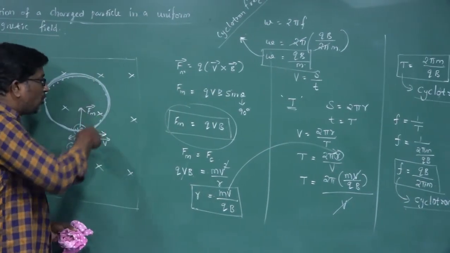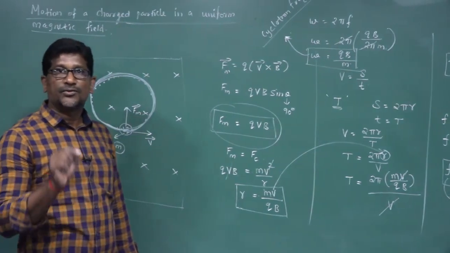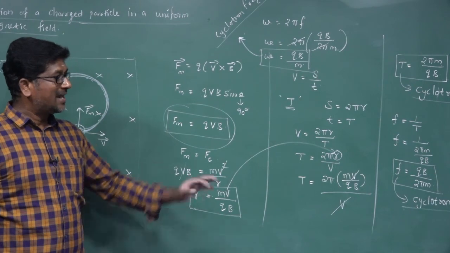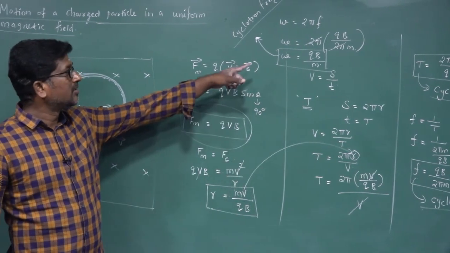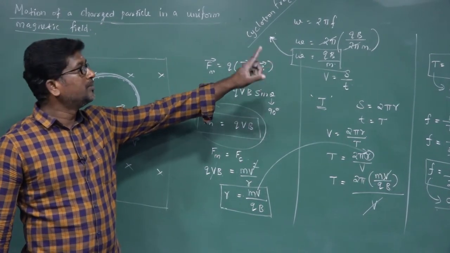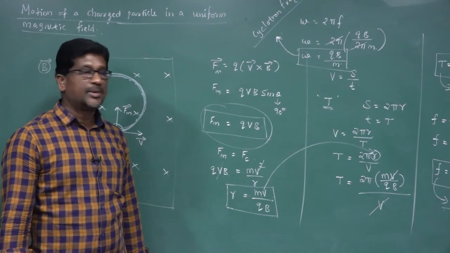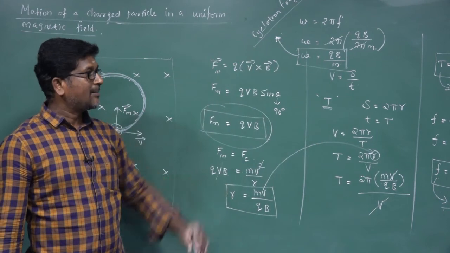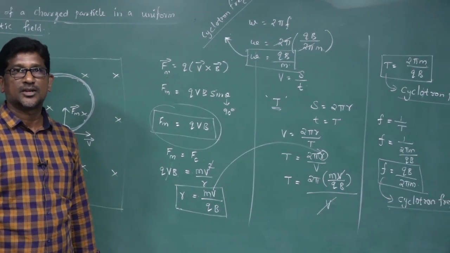The number of revolutions made by the charged particle per unit time is given by f is equal to qB divided by 2 pi m, and the angular frequency of the charged particle is given by omega is equal to qB divided by m. The two equations are called the cyclotron frequency, and the time period is called the cyclotron period.